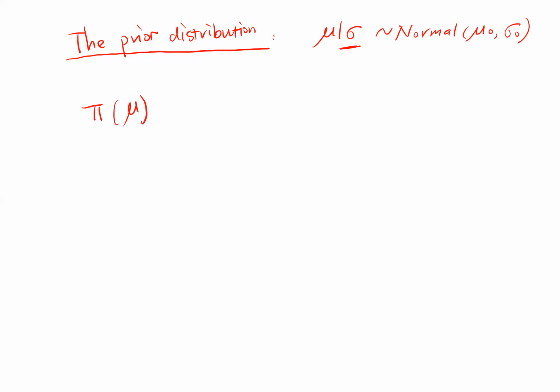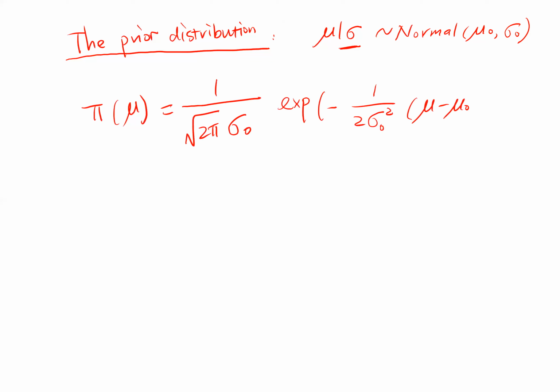Okay? All right, so the prior distribution now is also a function of mu. So you notice we keep writing the functions in terms of the only unknown parameter, because later we're going to use them to derive the posterior. So I'm going to write the density for you. So now is sigma 0, and then the exponent. This is just the regular normal density, okay?